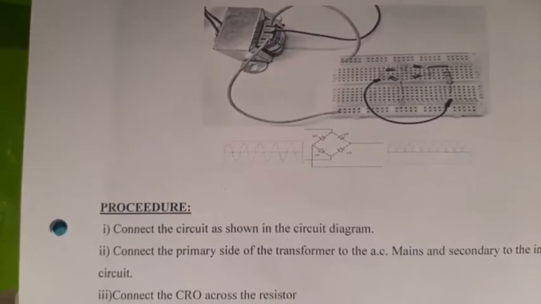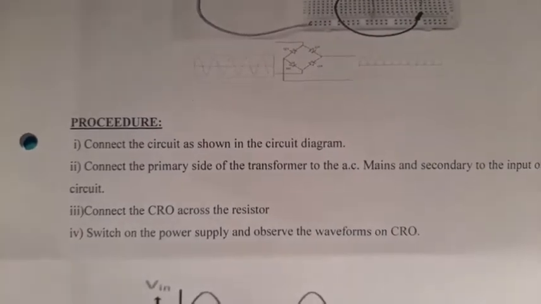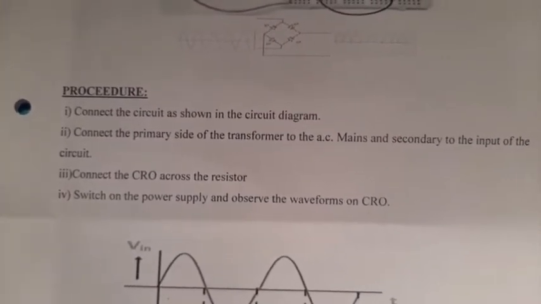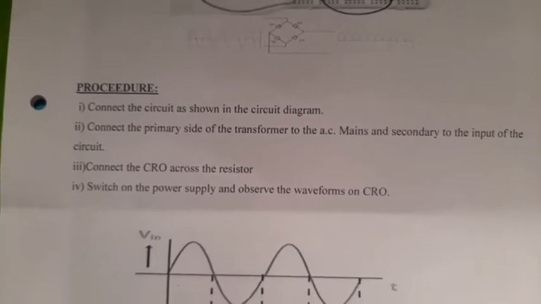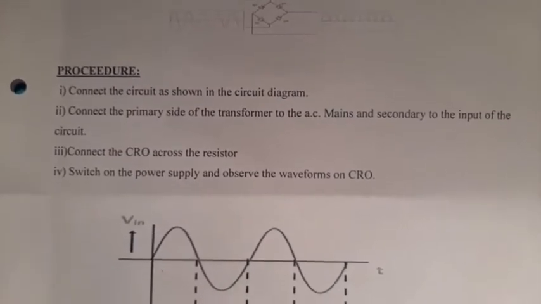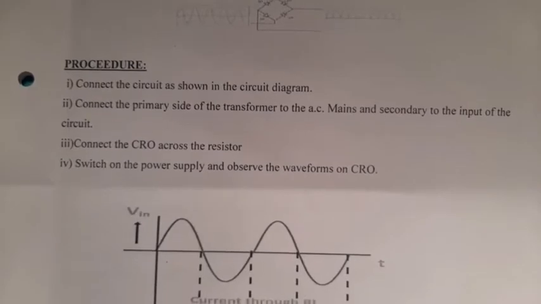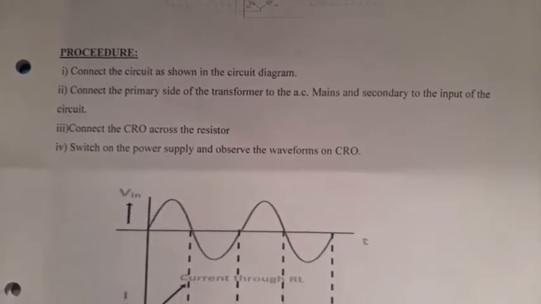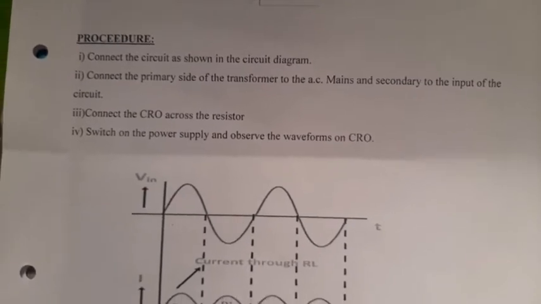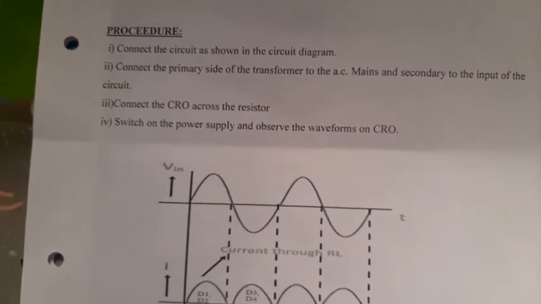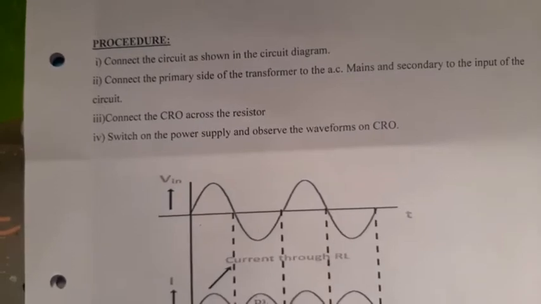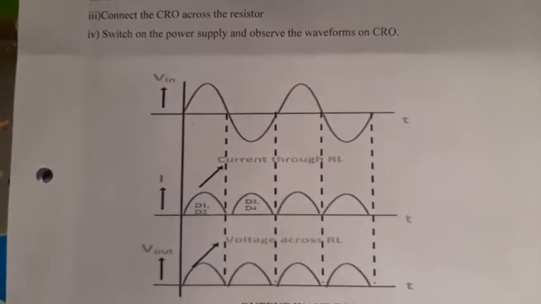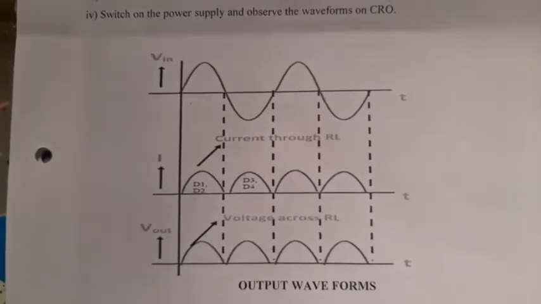The procedure for this experiment is that the first step is to connect the circuit as shown in the circuit diagram, then connect the primary side of the transformer to the AC mains and the secondary side of the transformer to the input of the circuit, connect the CRO across the output resistor, then switch on the power supply and observe the waveforms on the CRO.